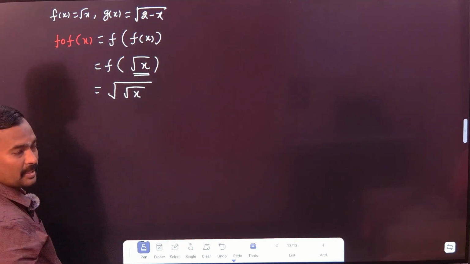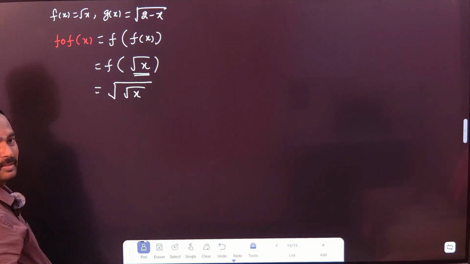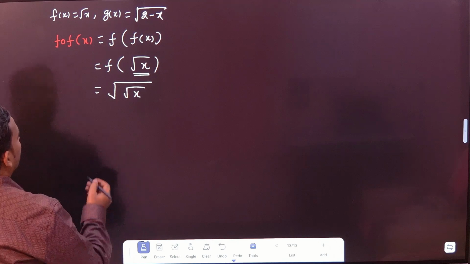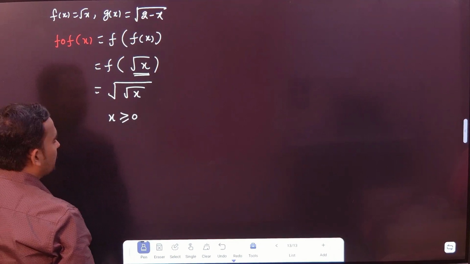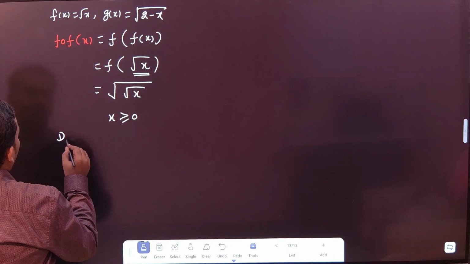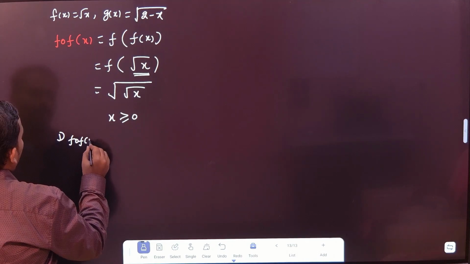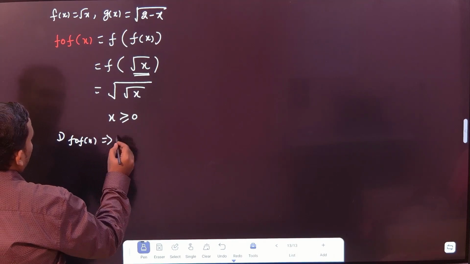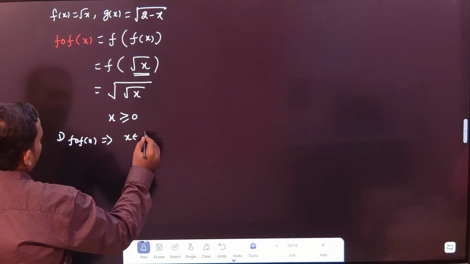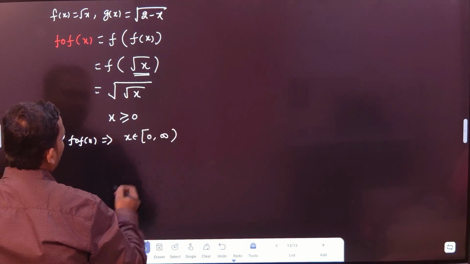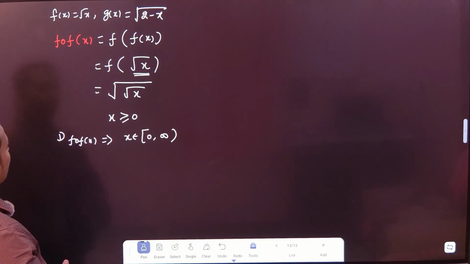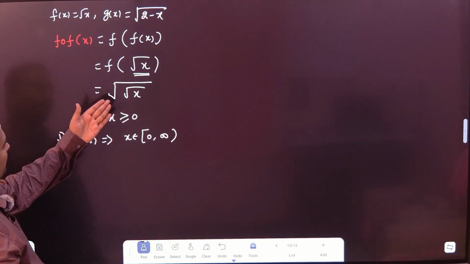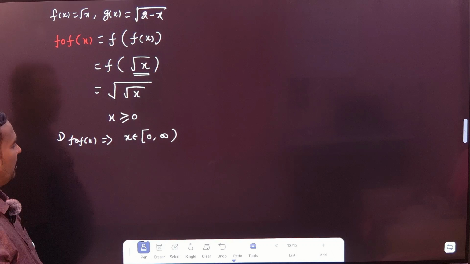You can directly say that under the square root cannot be negative. So therefore we can say x is greater than or equal to 0. It will be defined. Therefore the domain of f composition f of x is x belongs to 0 to infinity. More than 0, no? Or equal to 0. 0 to infinity. Otherwise it will not be defined, right?